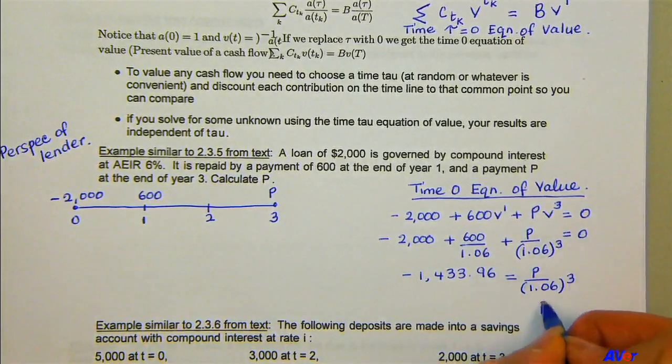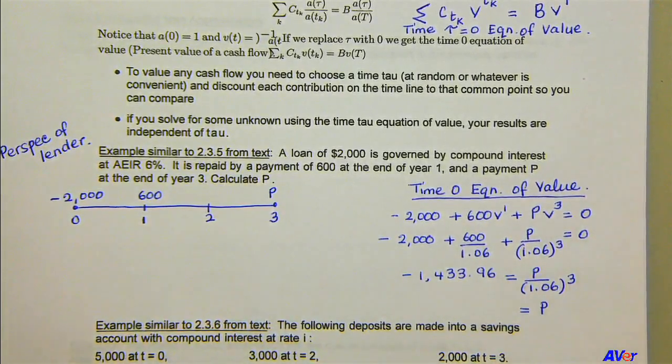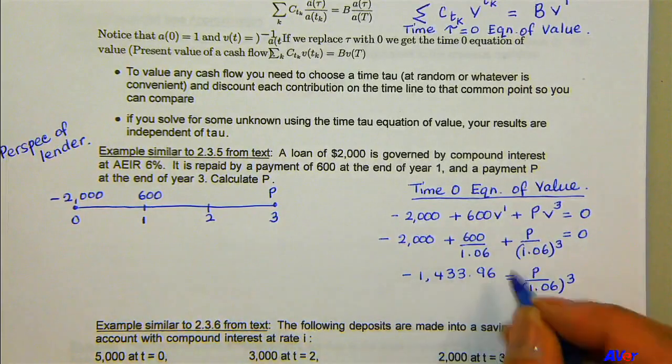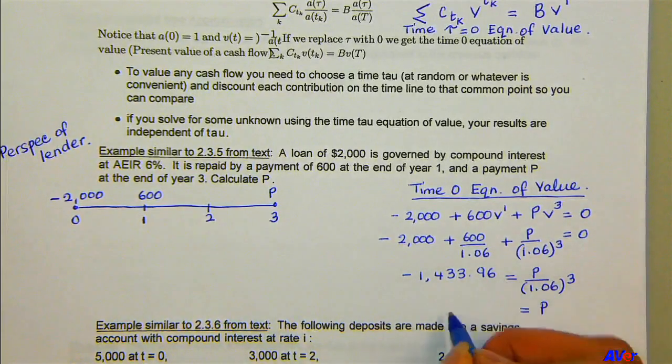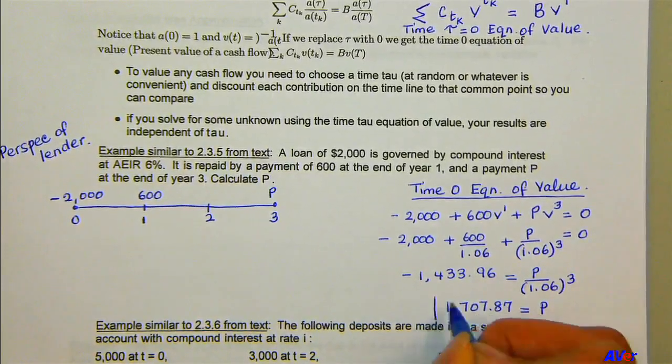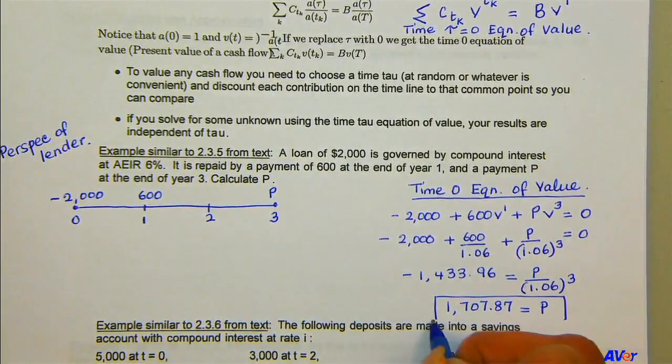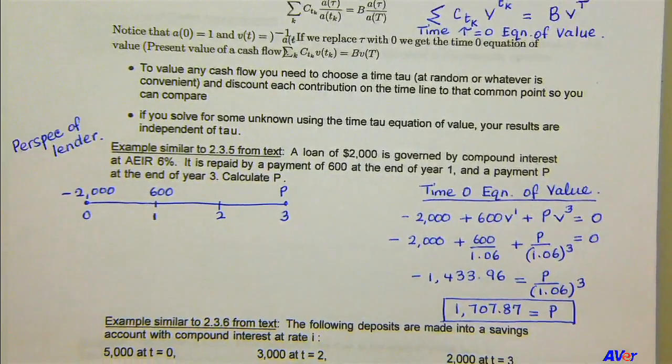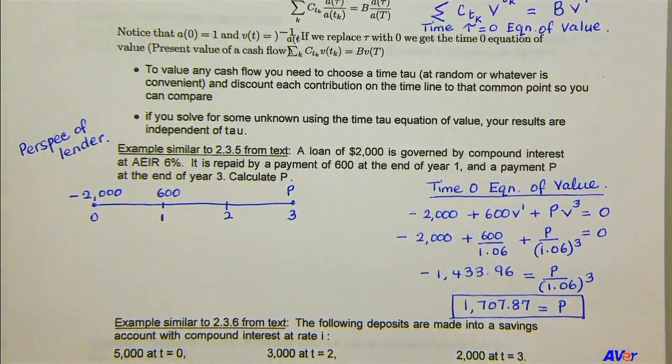Therefore, P equals, let's multiply by 1.06 to the third power, 1707.87. Is that positive?